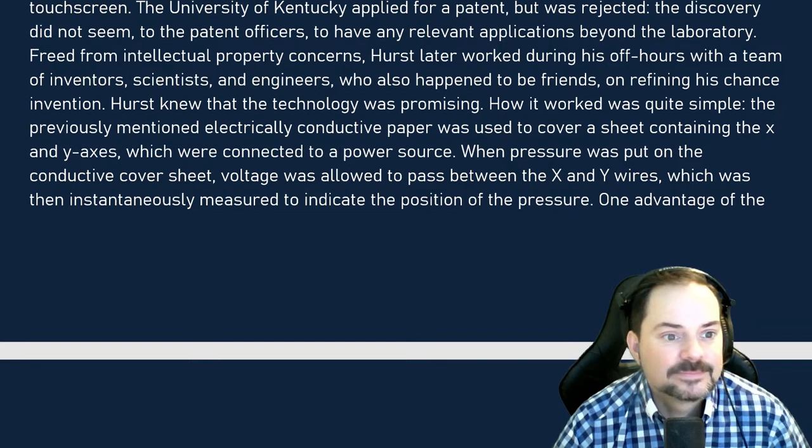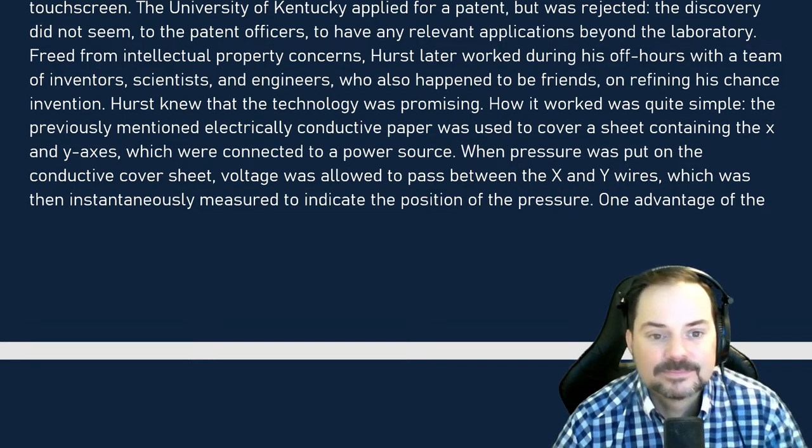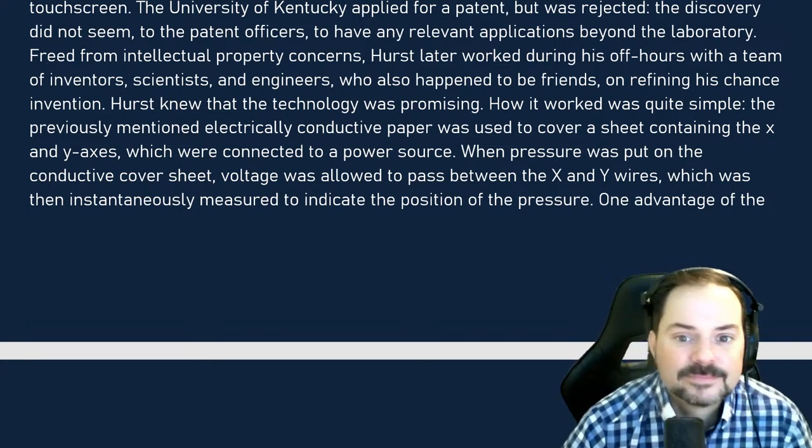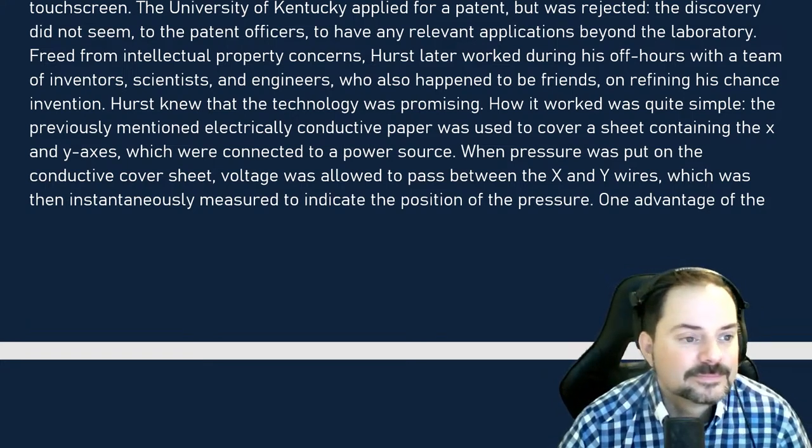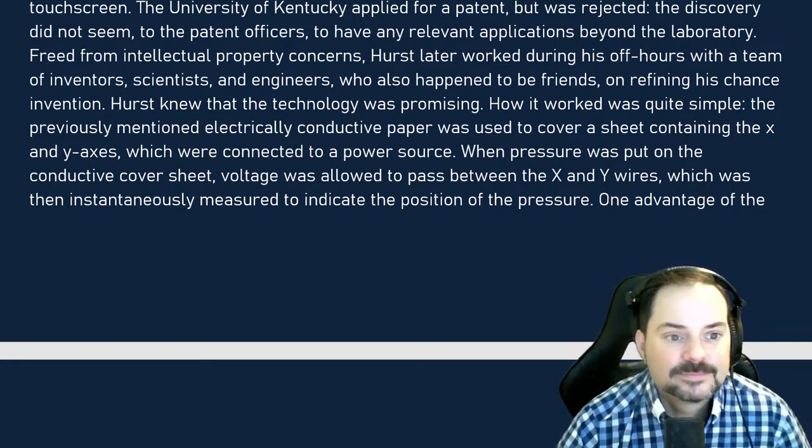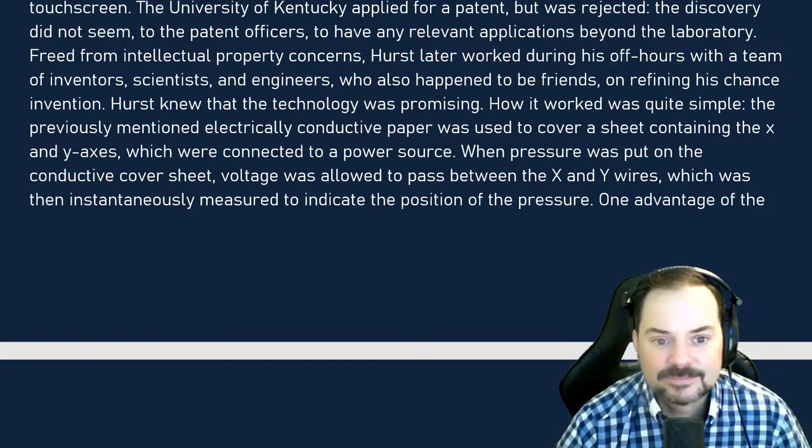Freed from intellectual property concern, Hurst later worked during his off hours with a team of inventors, scientists, and engineers who also happened to be friends on refining his changed invention. Hurst knew that the technology was promising. How it worked was quite simple.